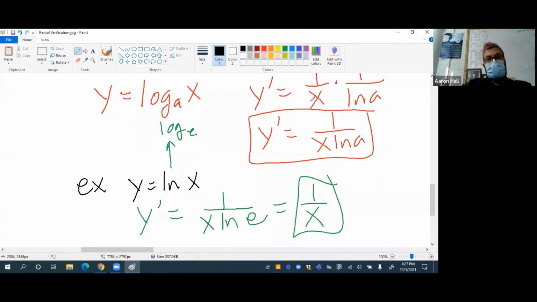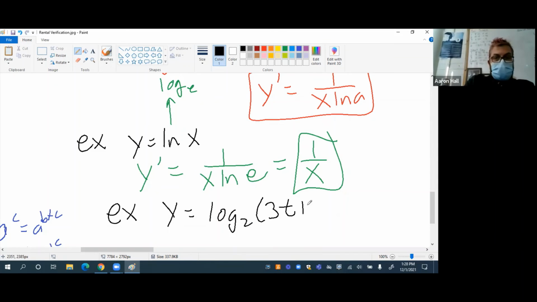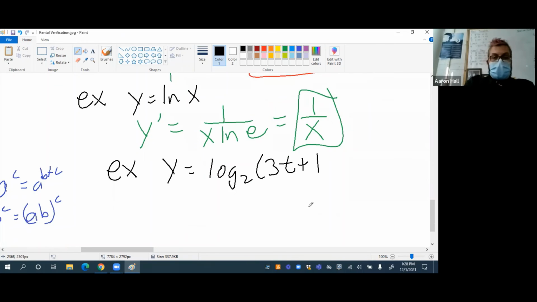Okay. I want the derivative. If I have y equals log base 2 of 3t plus 1, I want to find dy dt.